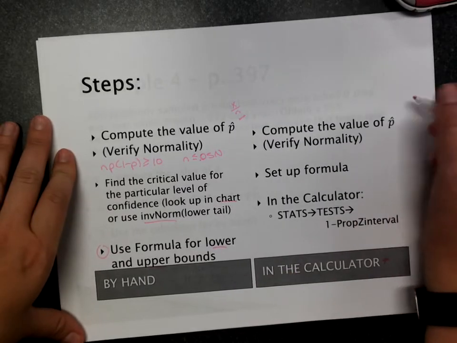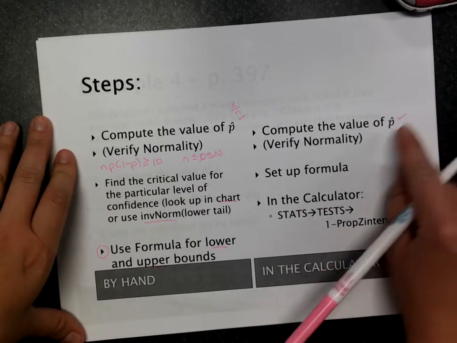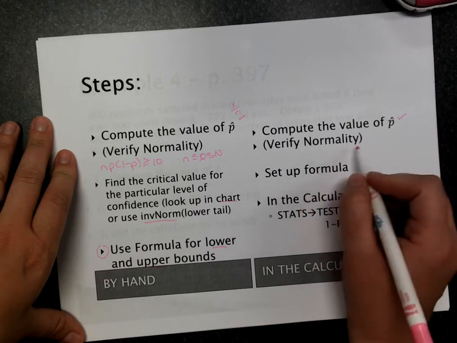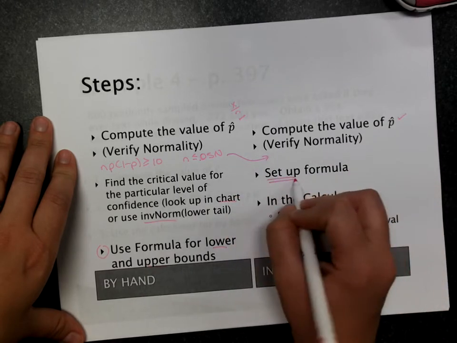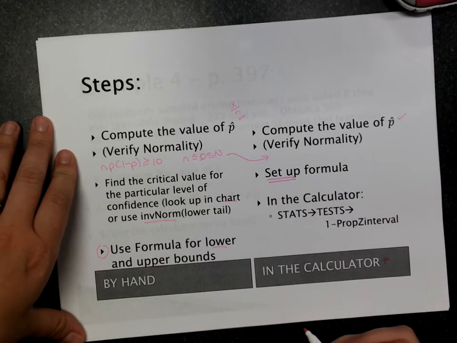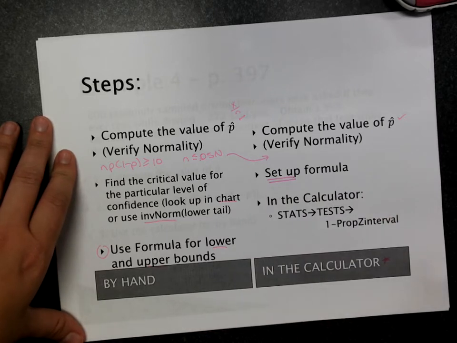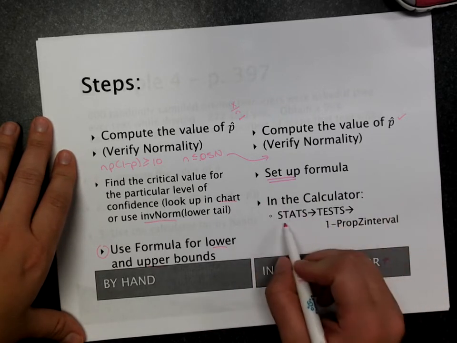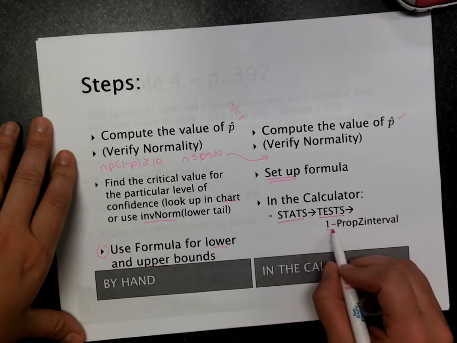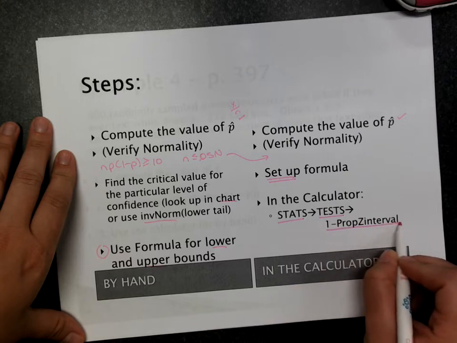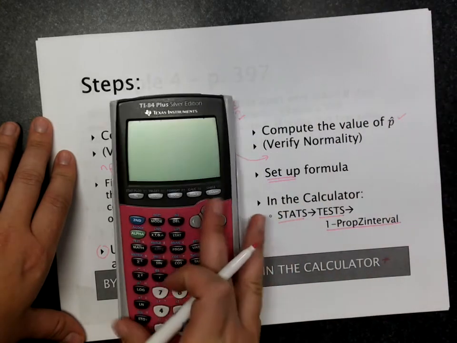If you want to use the calculator, you still want to calculate the value of p hat. Verify normality, those same two checks. I do expect to see the formula set up. There are some homework problems where it just wants to see the formula set up. And then in the calculator, if you go to stats and then tests, there's an option that says 1 prop z interval.